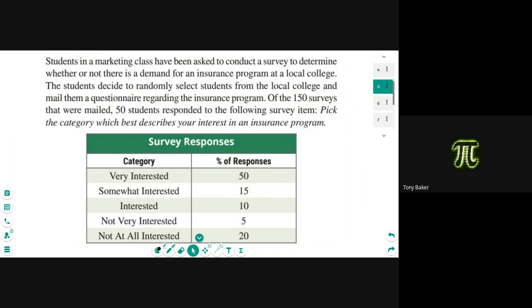Remember that the bias is: are we looking at the entire population of students? And if we're underrepresenting groups, then that's the bias we're looking at. Okay. Now, I don't know if that's what you're asking for, like bias in statistics, how it affects the data.